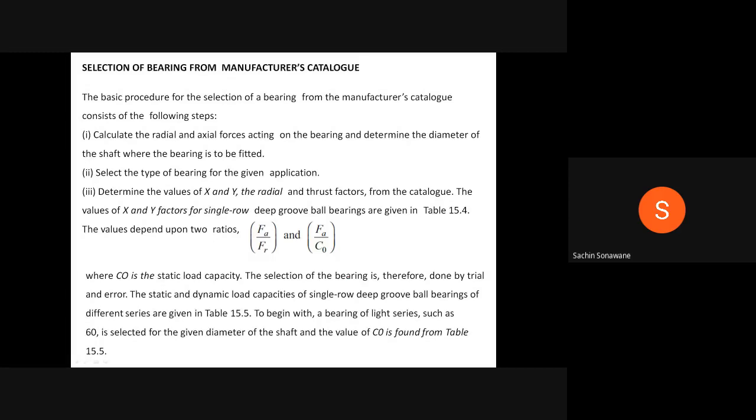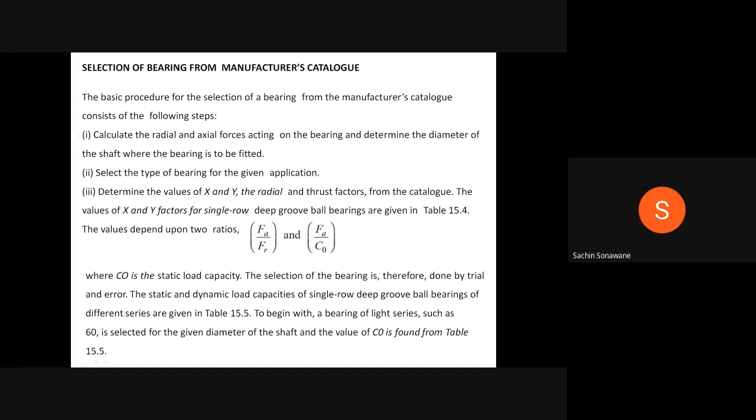The values of x and y factors for single row deep groove ball bearings are given in table 15.4. The values depend upon two ratios, Fa upon Fr and Fa upon Co, where Co is the static load capacity. The selection of the bearing is therefore done by trial and error.